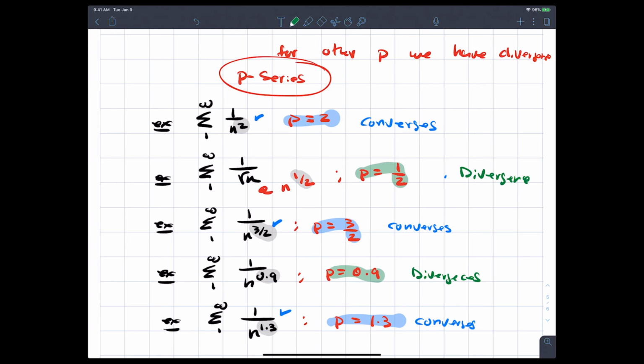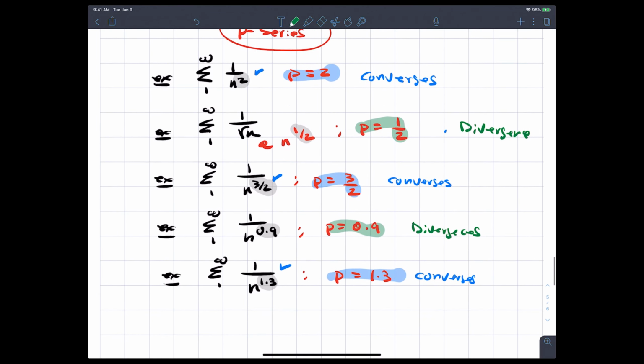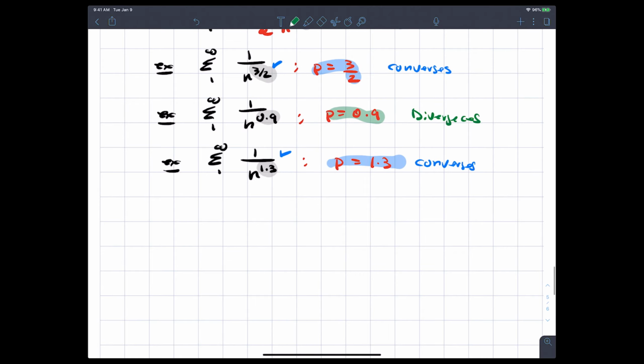Let me go back here really quick and put this away. Okay, let's actually look at some more examples of possibly some integral tests, but let me also remark here something. I want to say here's something you really want to be wary about.